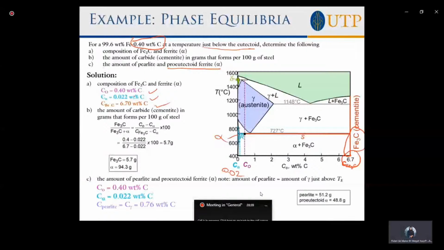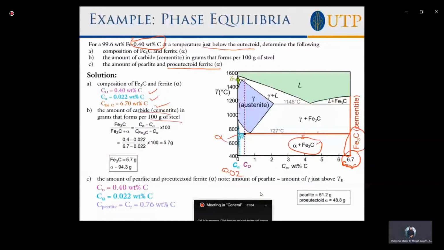Alright. Amount of carbide, referring to cementite, in grams that forms per 100 grams of steel. So you are still along this line, tapi dia nak tahu how much carbide you have. Okay, just below, just below. So you are about in this region, you are alpha and cementite. So you draw already your tie line. You want to know the amount of carbide. Carbide is on this side.